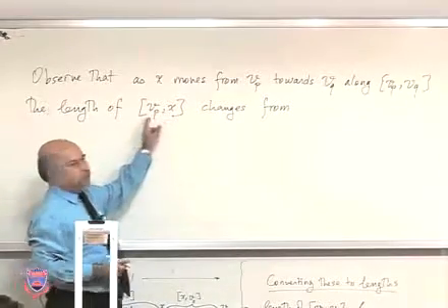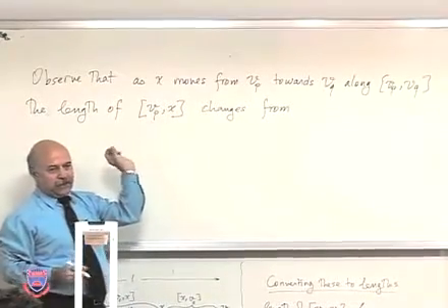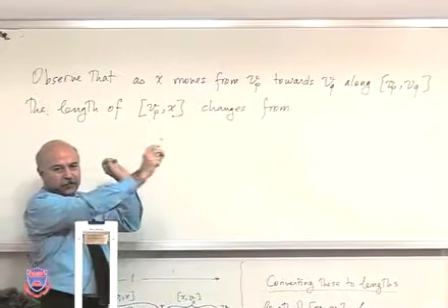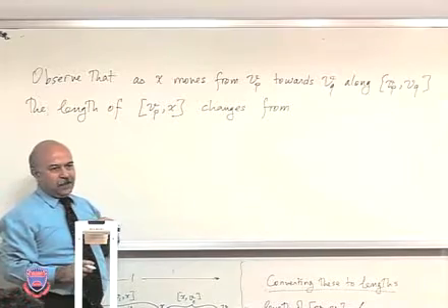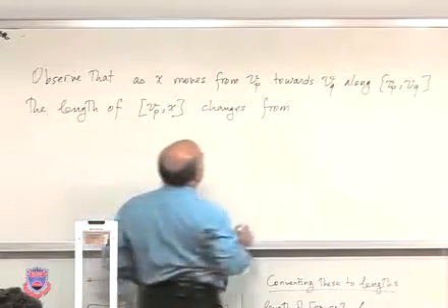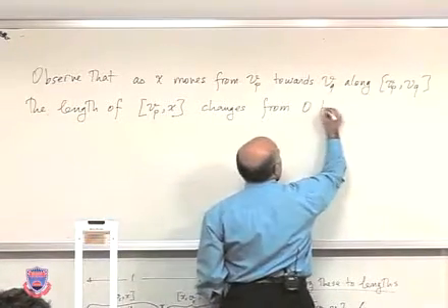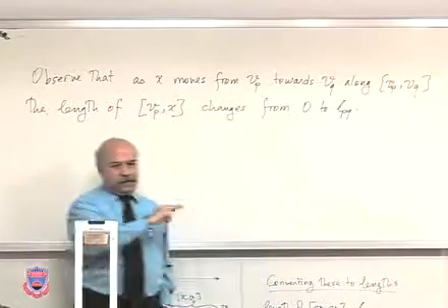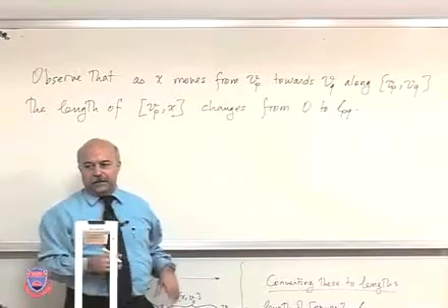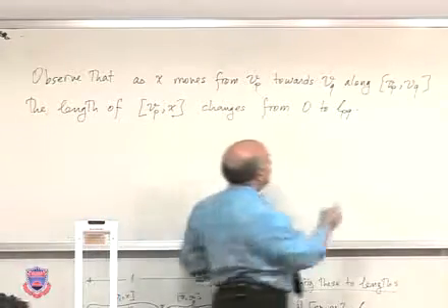Well, when x is vp, the length of that subarc is 0. And as it moves, it starts increasing, and finally it arrives at Lpq. It is just contained in that interval from 0 to Lpq.